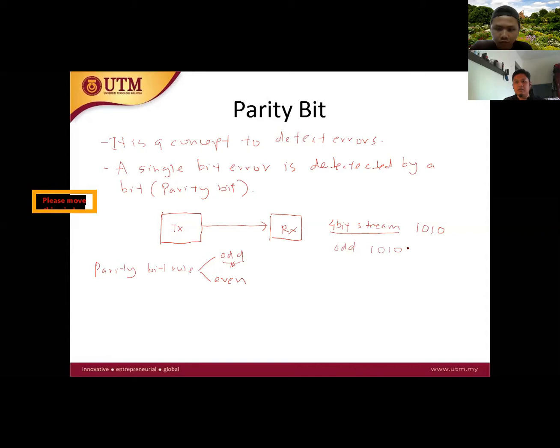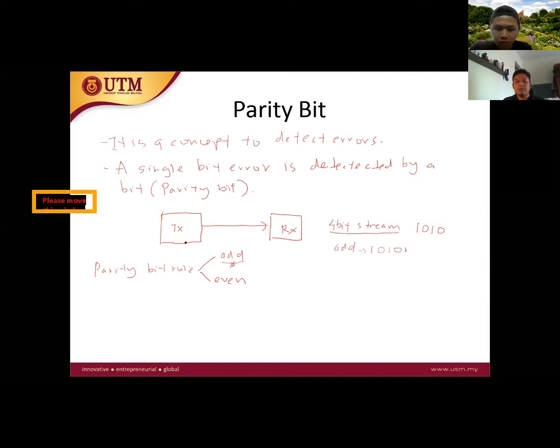For example, if we set odd, the data that we should transmit to the receiver, including the parity bit, should have an odd number of ones. In this case, 1, 2, 3.